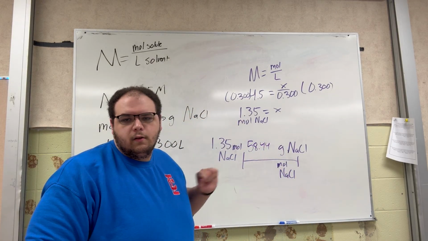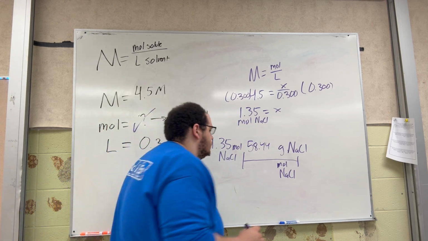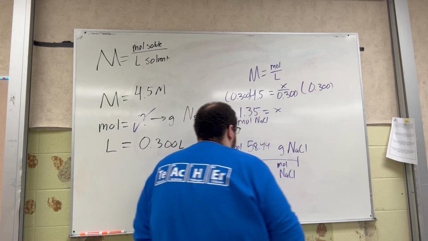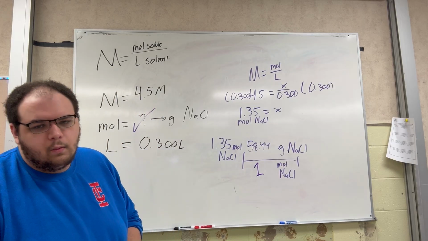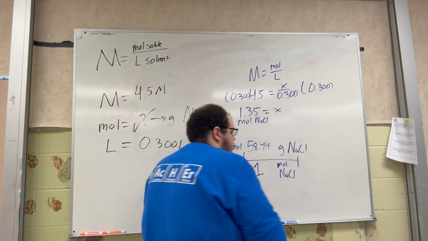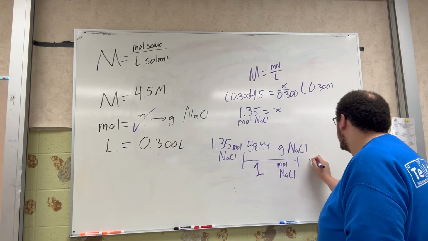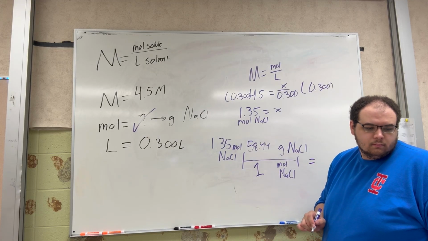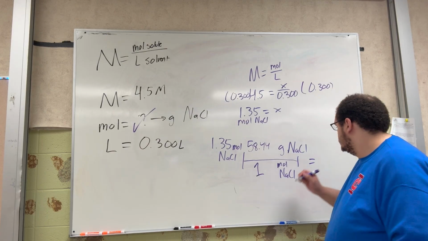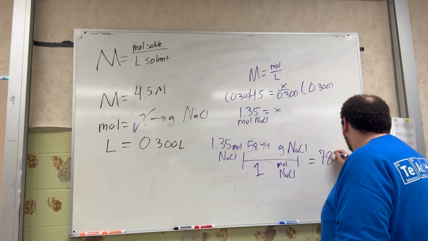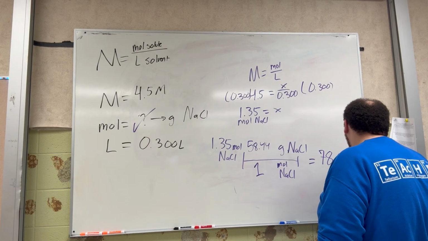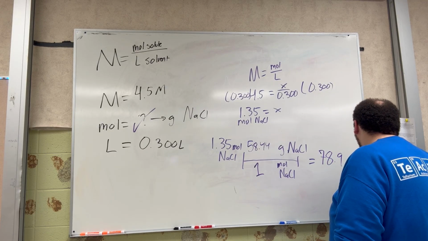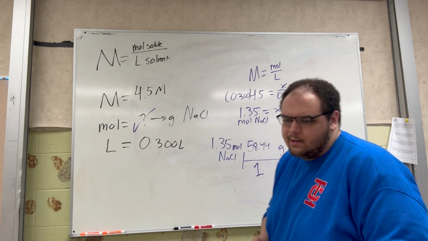What am I going to put down here for the moles? Just one. Plug that in your calculator, run your grid. What do you get? About 78.9. My unit is grams of NaCl.